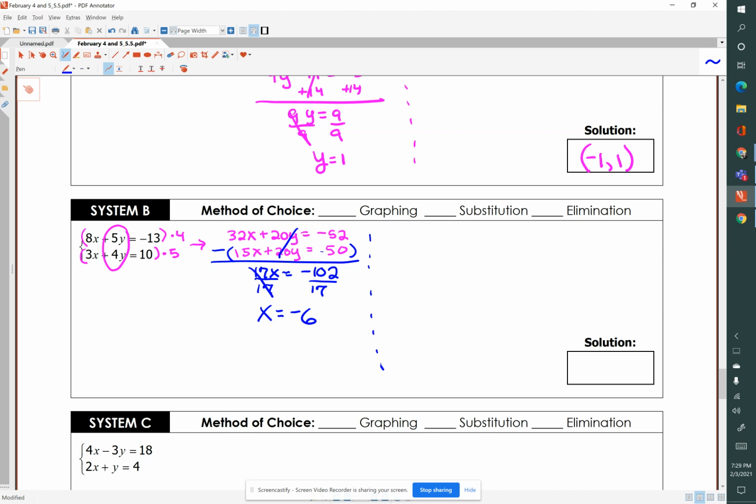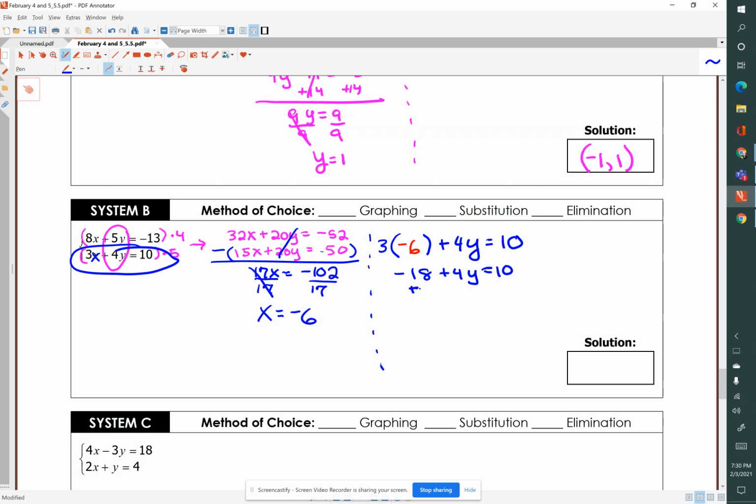Now I will take that negative 6, and I'm going to use the second equation. The numbers are a little smaller, and I will substitute x for negative 6. So 3, there's our substitution of negative 6, plus 4y equals 10. 3 times negative 6 is negative 18 plus 4y equals 10.